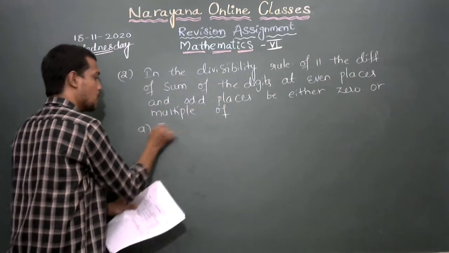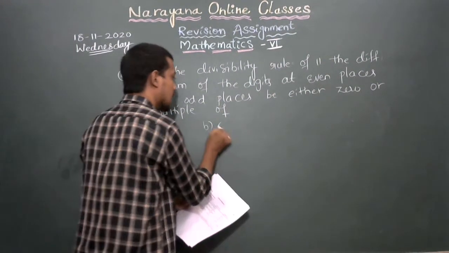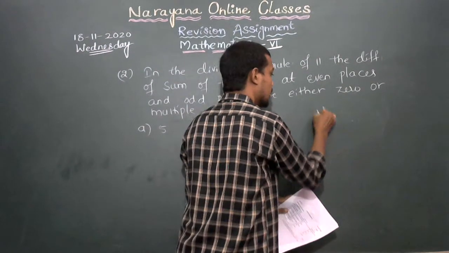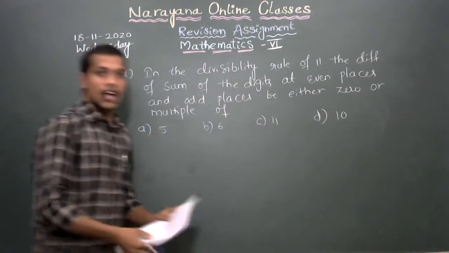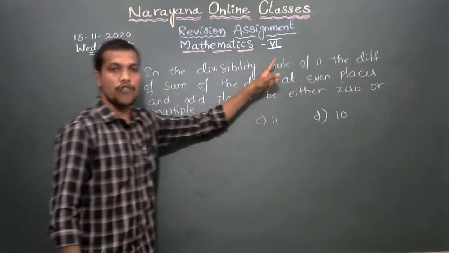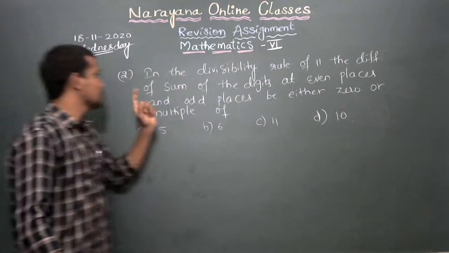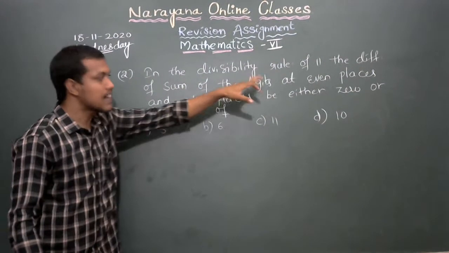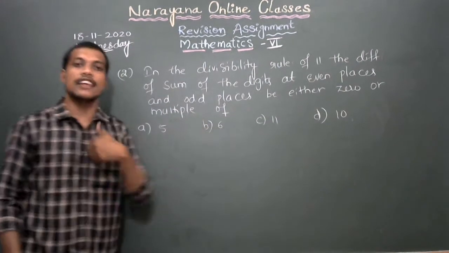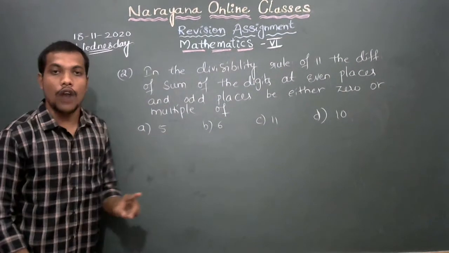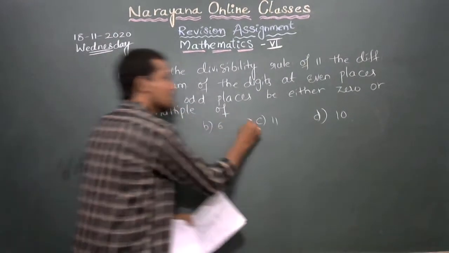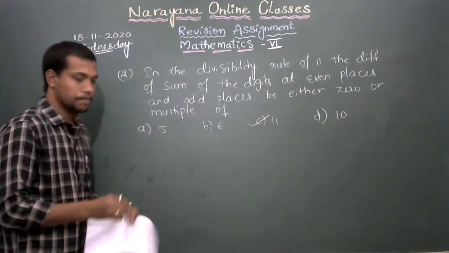Options: A, 5; B, 6; C, 11; D, 10. In the divisibility rule of 11, the difference of the sum of the digits at even places and odd places is either 0 or a multiple of 11. So the option is C.